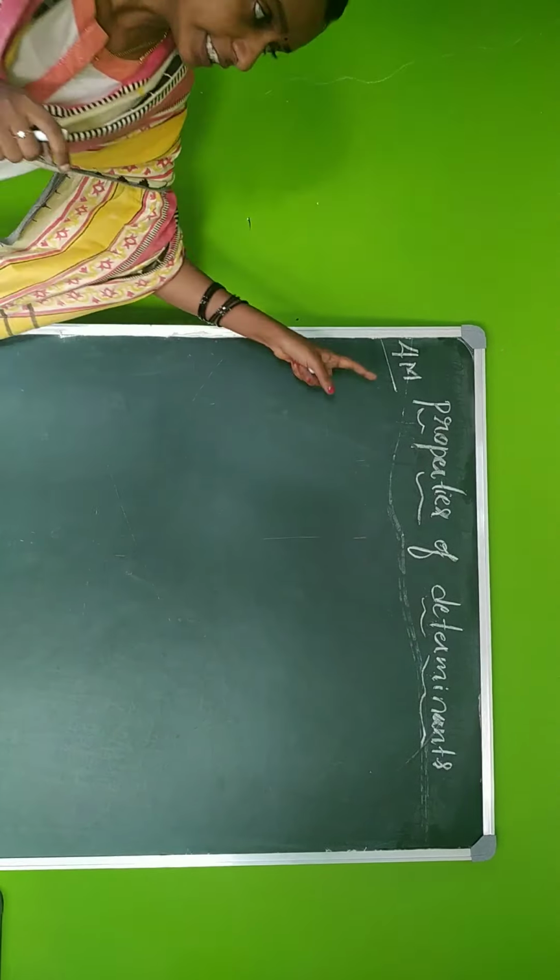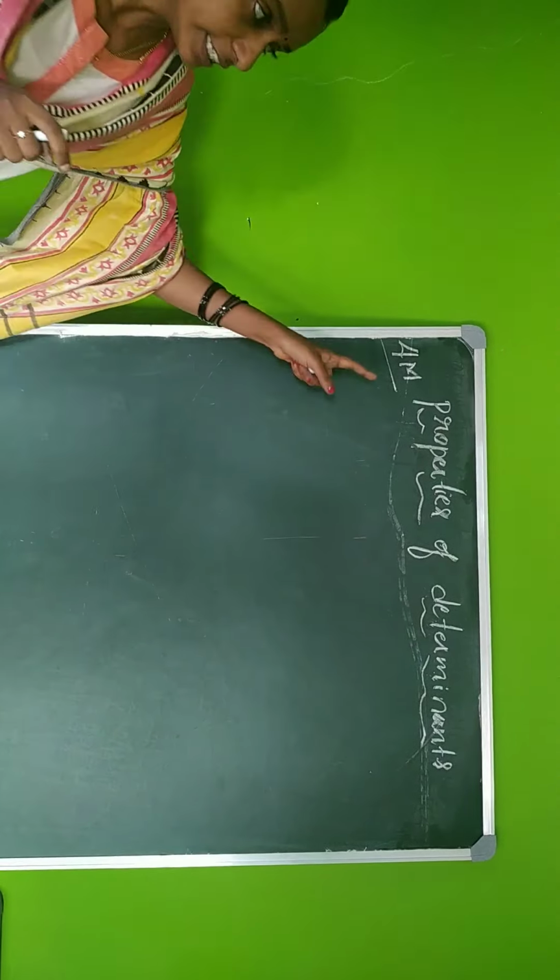The first property is property 1. What it says is that the value of a determinant remains unchanged if the rows or columns of a determinant are interchanged. Okay, so here I'll just write it.